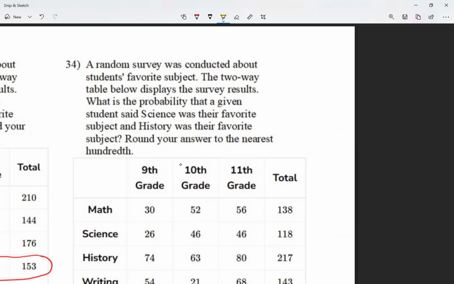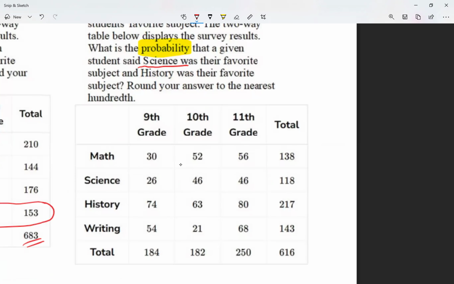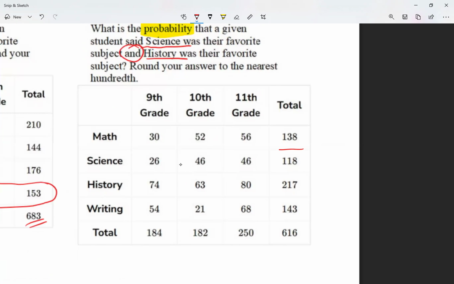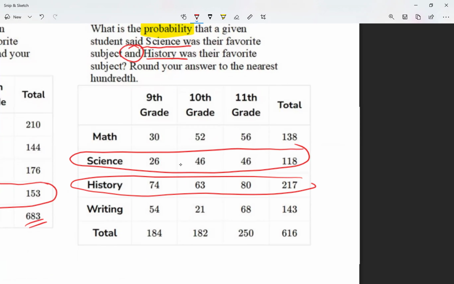What is the probability, so again, my answer between 0 and 1, could be 0, could be 1, unlikely, but it could be, that a given student said science was their favorite subject and history was their favorite subject? Because I'm using the word and, they have to intersect. So I'm looking at science and history. Oh, they don't intersect.